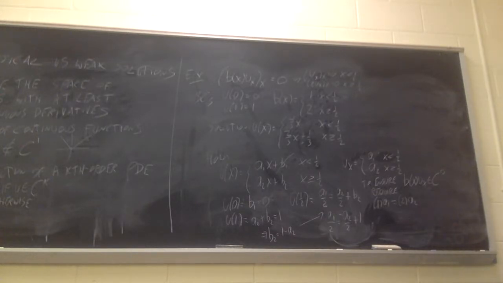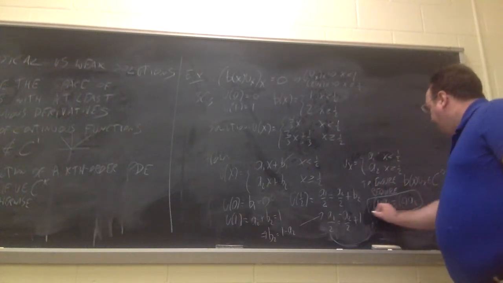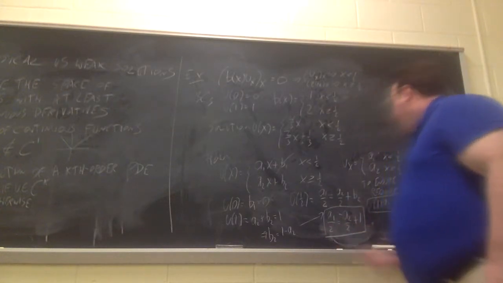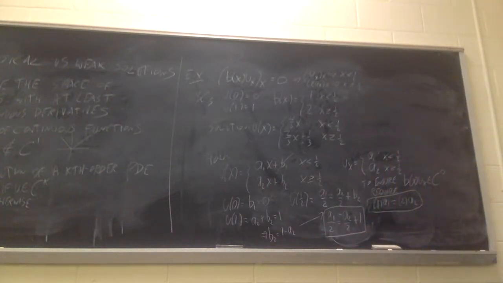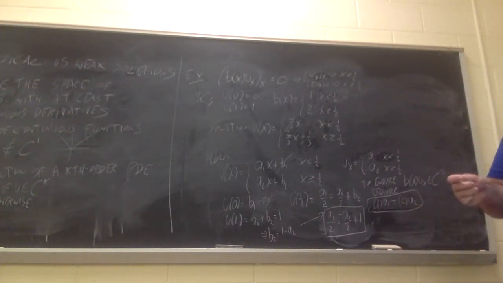So now, if I have this condition and this condition put together, that's two equations for two unknowns. It nails down a1 and a2.